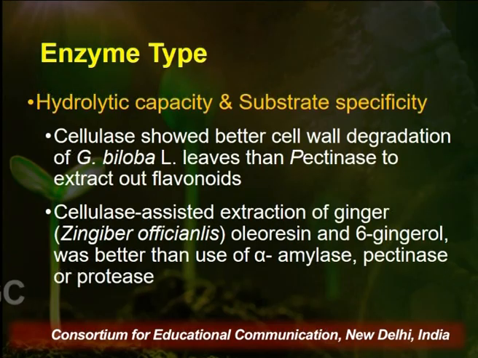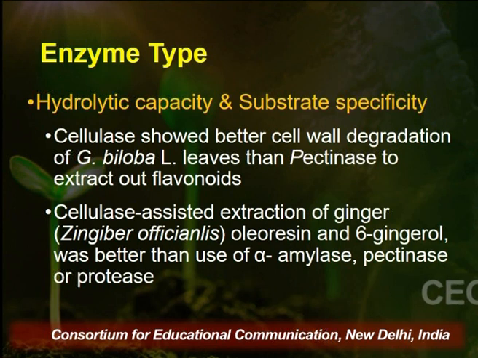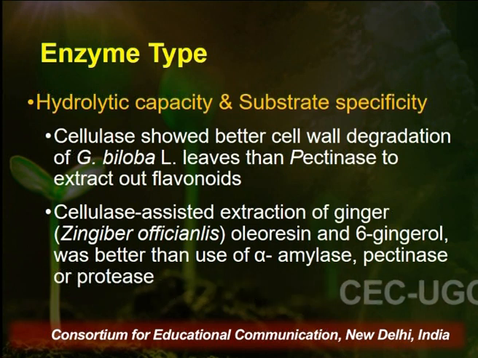Coming on to the type of the enzyme that is being utilized in this process. It has been observed that the hydrolytic capacity and substrate specificity will have an impact on the overall efficiency of this process. When we talk about the hydrolytic capacity of an enzyme, it will depend upon the specificity of that particular enzyme for the substrate. Say for example, if we have a plant matrix which is rich in pectin, as a thumb rule, we should use pectinase as an enzyme in order to hydrolyze that matrix.